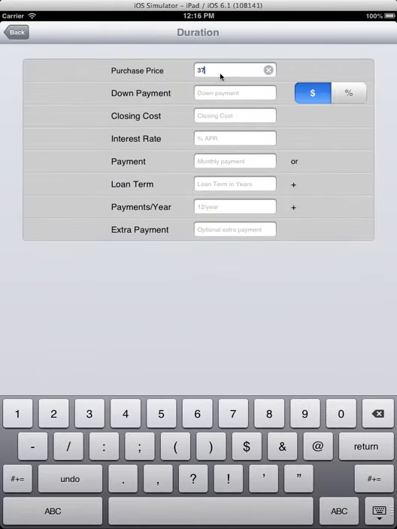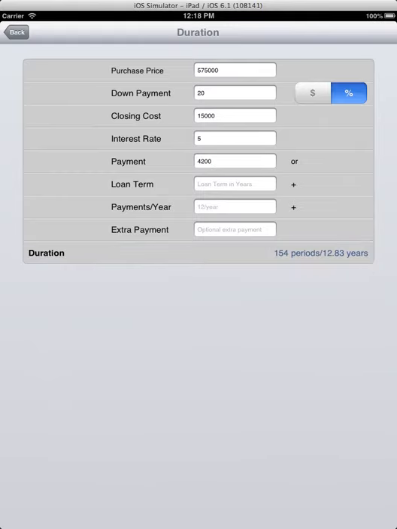We can say 370,000, 20%, closing cost is 15,000, and APR is 5, payment is $3,200 a month. Here we enter the data points, and we see the duration is 12.83 years.